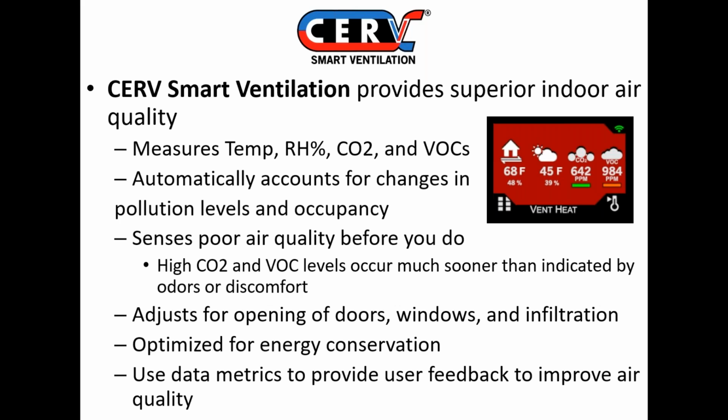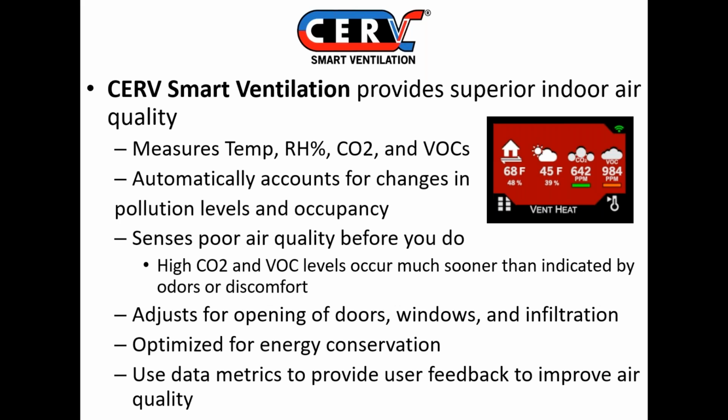The sensors are going to sense air quality before you do. So CO2 is something you normally can't detect poor levels of until it's extremely high, when you might have headaches or feel stuffiness. But reductions in health and cognition, sleep quality, those happen way before you're going to detect high levels of CO2. So that's why it's important to measure it specifically.